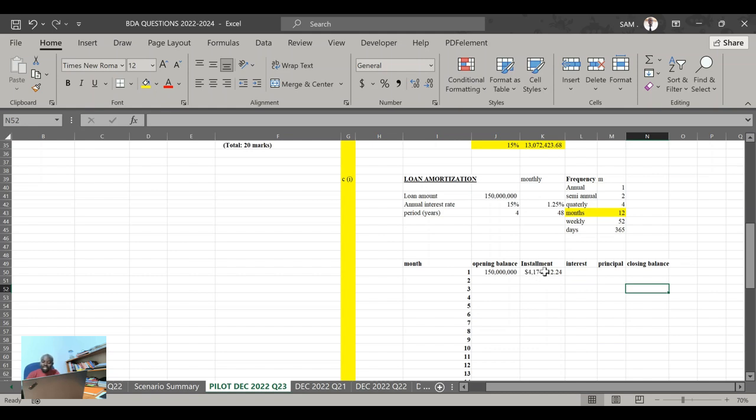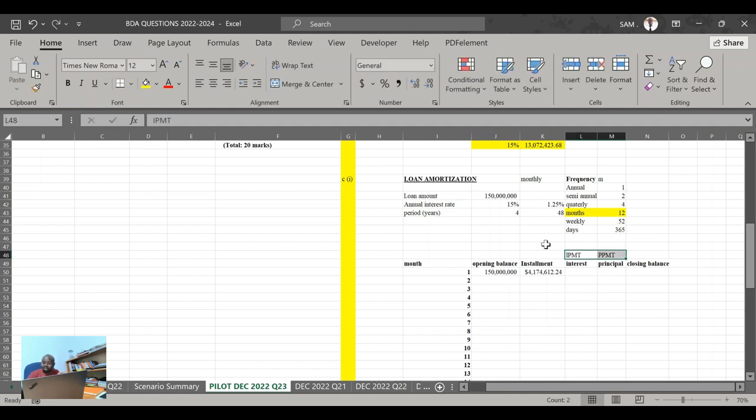So now with that, we go ahead and get the interest. Now we've used the PMT function to get the installment. And under interest, if you review the loan amortization we did before, you remember I showed you how to use another functionality called IPMT. And on principal, I also showed you how to use another functionality which is called PPMT. But I want to show you an easier way again.